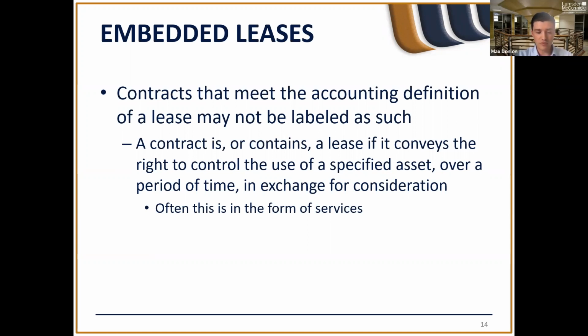I have a few examples of this, and obviously these are very situationally dependent. The first example is a company enters into a contract to advertise on a billboard. Although this contract could be written as an advertising service contract, the right to use the billboard may meet the definition of a lease. Alternatively, a company enters into an arrangement with an IT organization to host its data on a dedicated server.